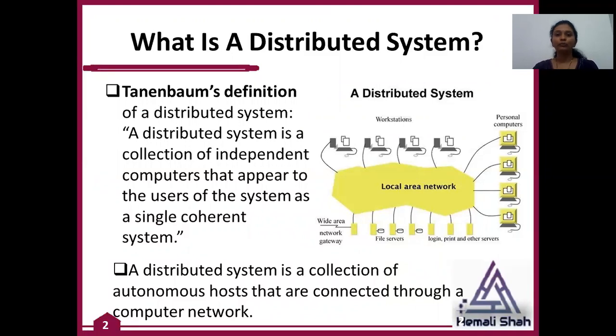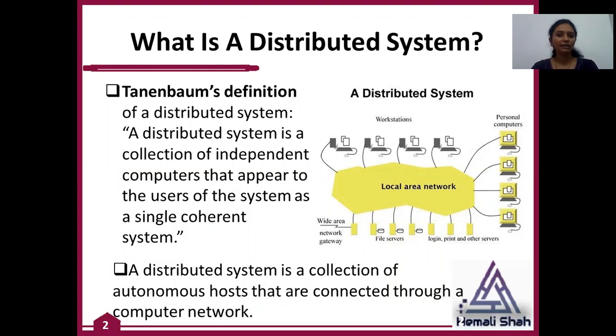not be able to identify whether it is a single system or has multiple systems. The end user cannot tell how many computers are involved in delivering that particular task. This is called transparency.